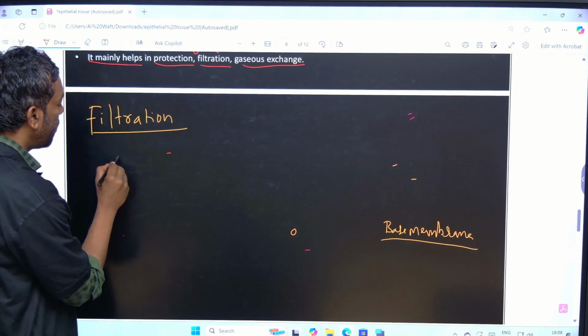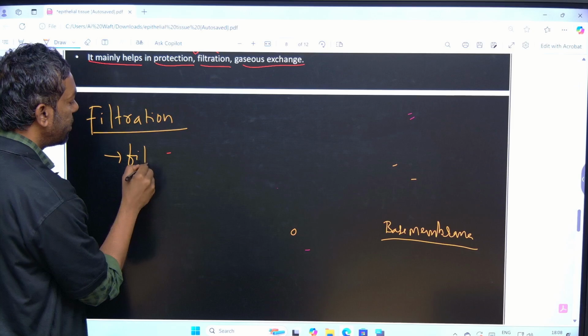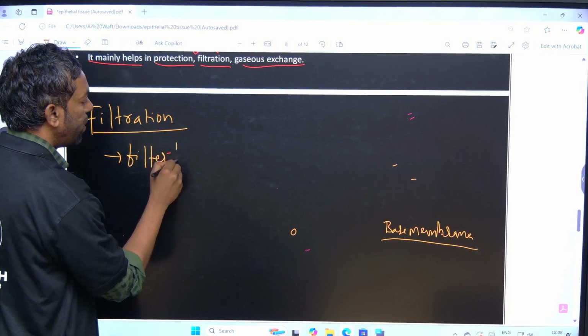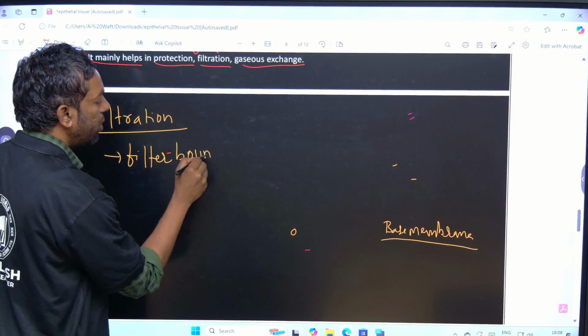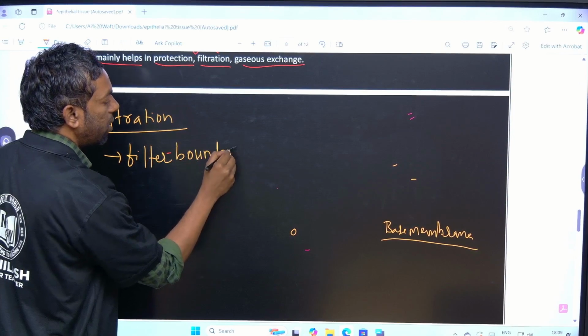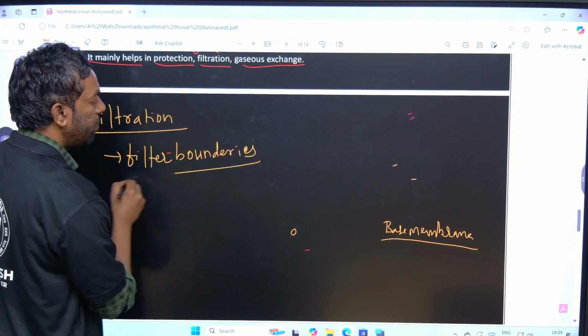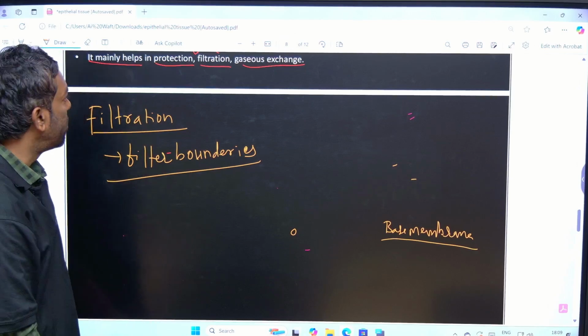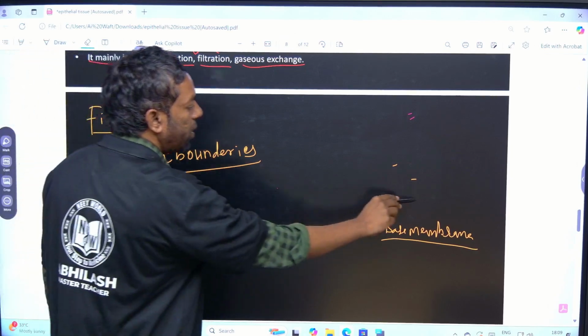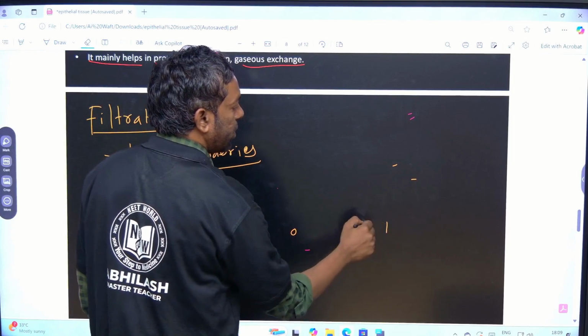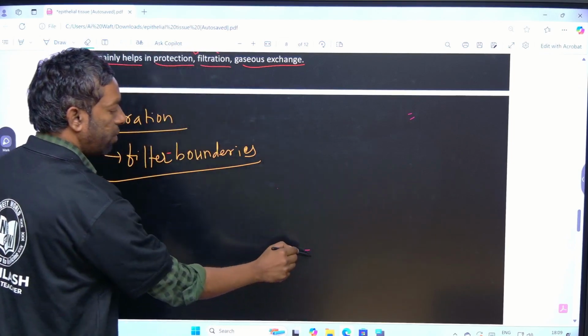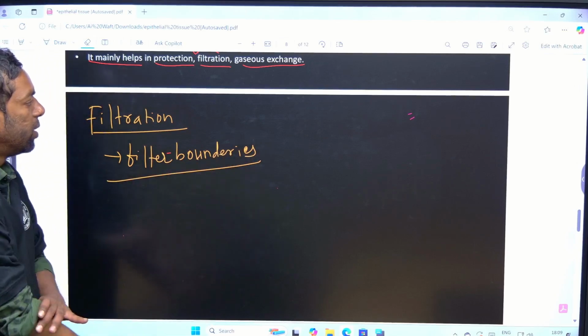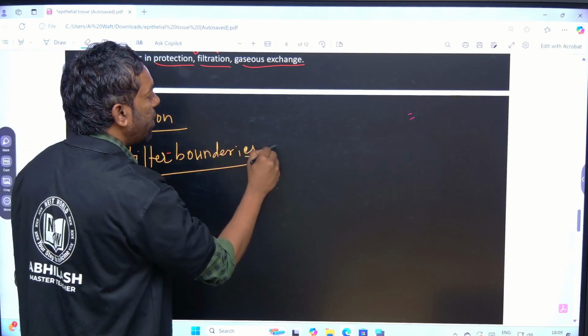Epithelial tissue is located in the filtration boundaries. Where are the filtration boundaries? Like in the nephron.